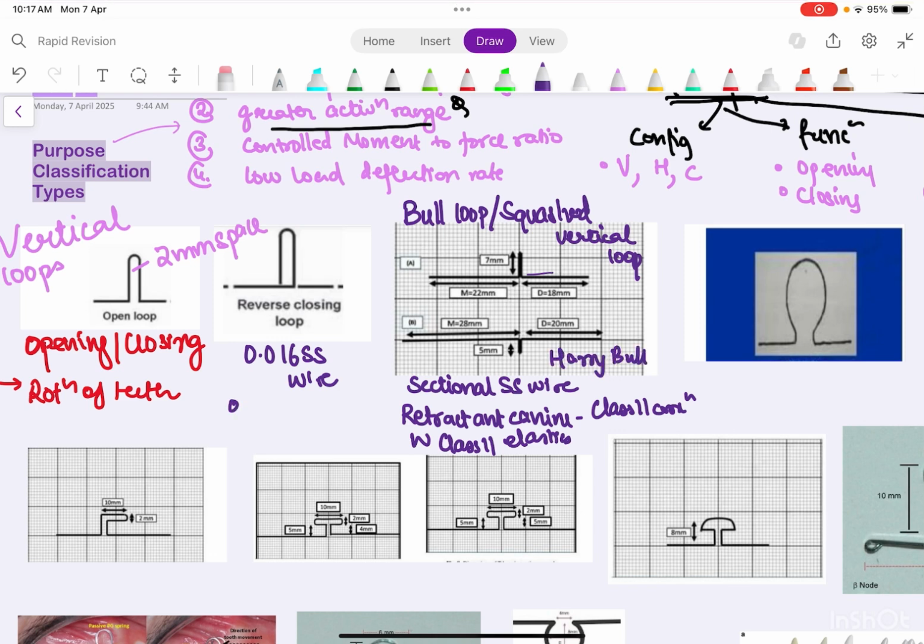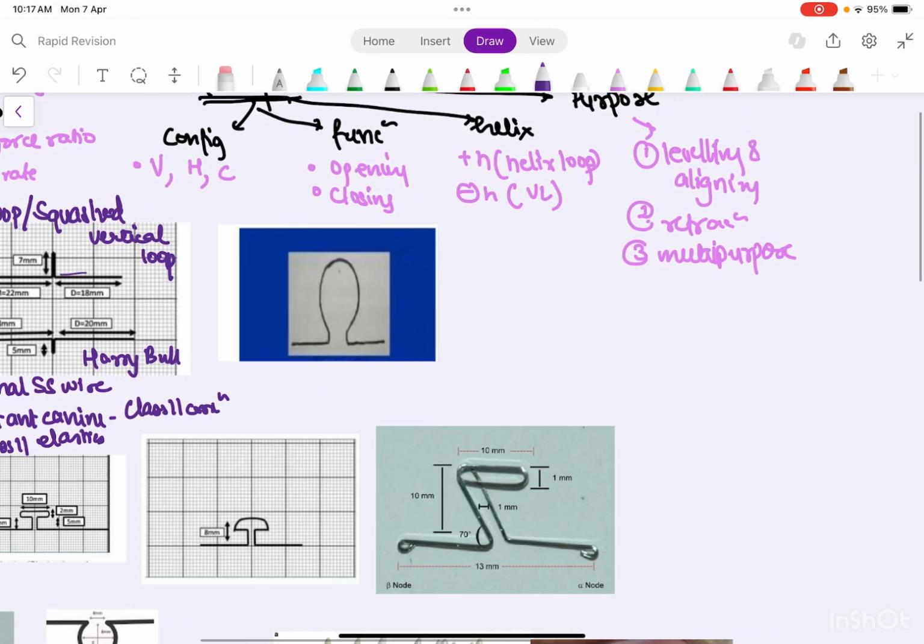This was given by Robert Strank. Now this looks like omega. So this is called the omega loop, and this was given by Morris M. Stoner.